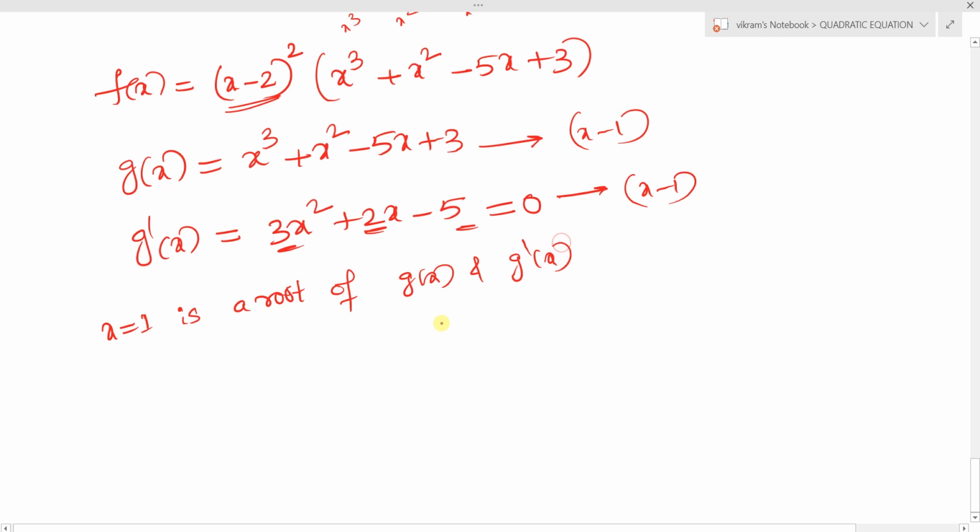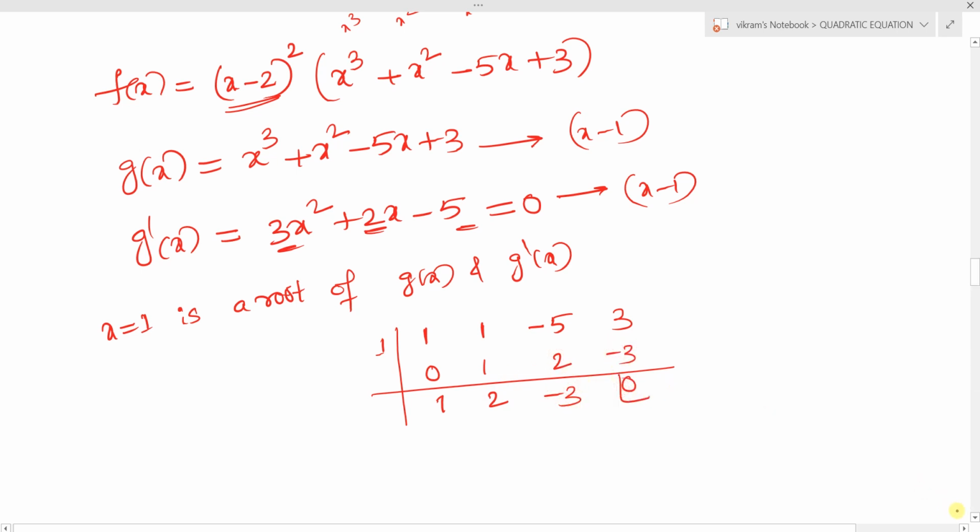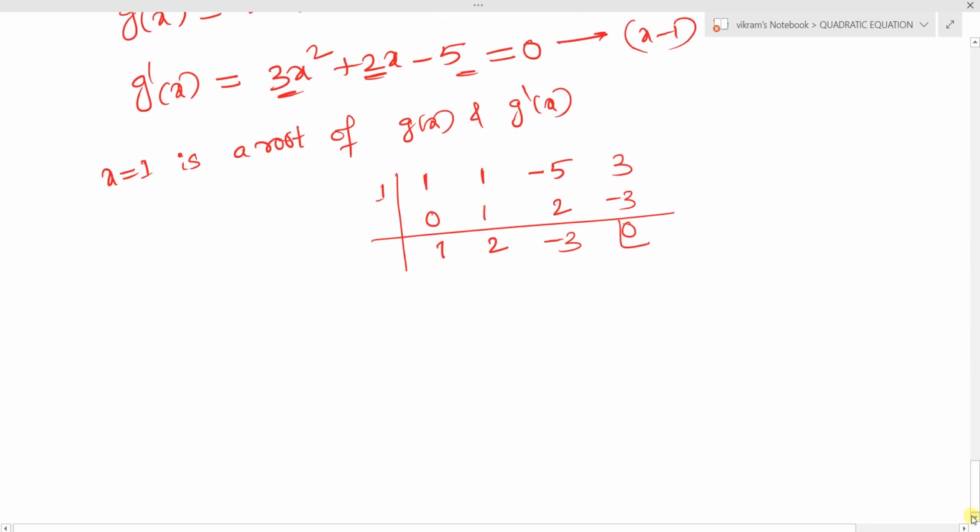So again with the synthetic division, g of x coefficients 1, 1, minus 5 and 3. Now x is equal to 1 is a root. Then synthetic division, 1 into 1 is 1, 2 into 1 is 2, minus 3 into 1 is minus 3, and 0. Okay, this is g dash of x. For this one also again 1 is a root.